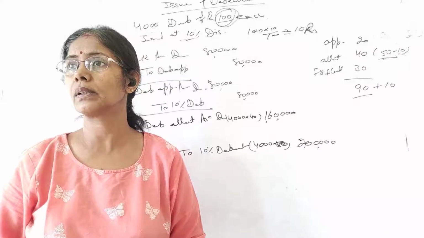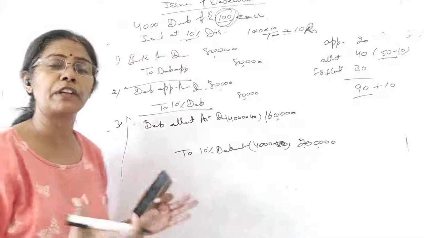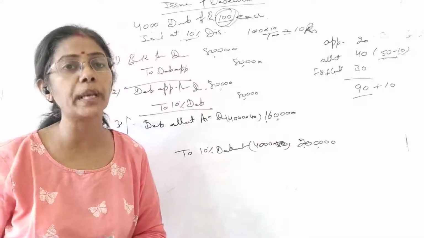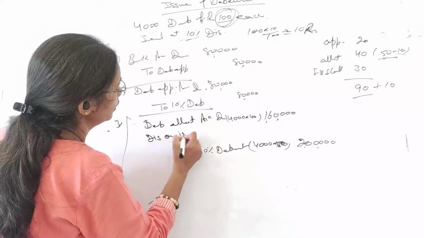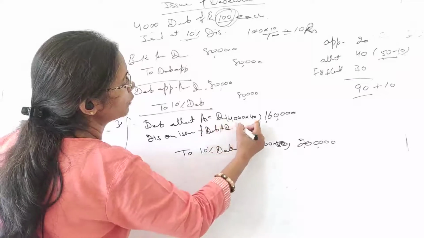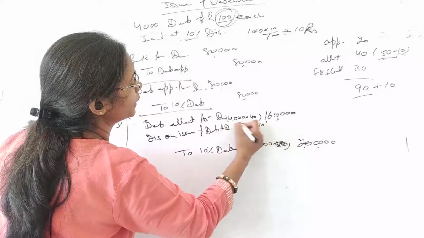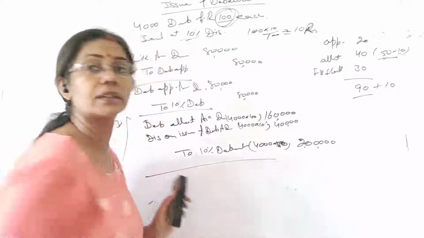It's your loss. Okay, and losses are debited. Every debit and credit has got its own name. The name is discount on issue of debenture account debit. 4,000 into 10 rupees is your 40,000. Is that clear, students?